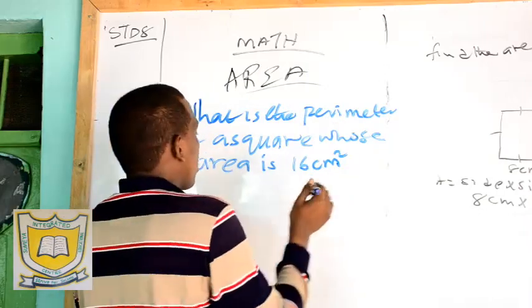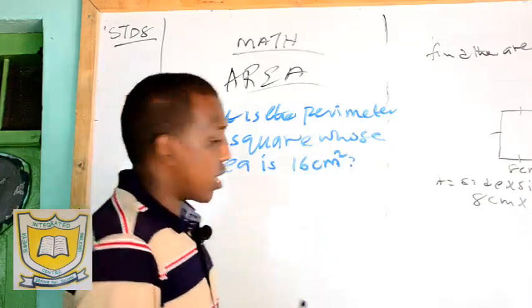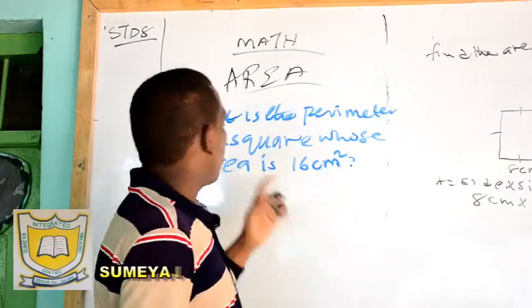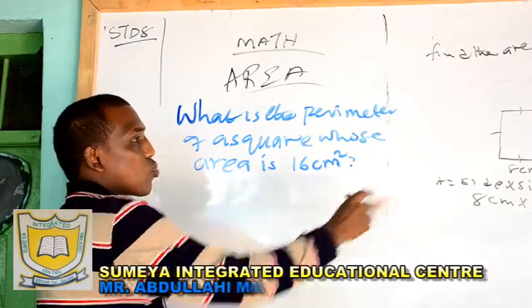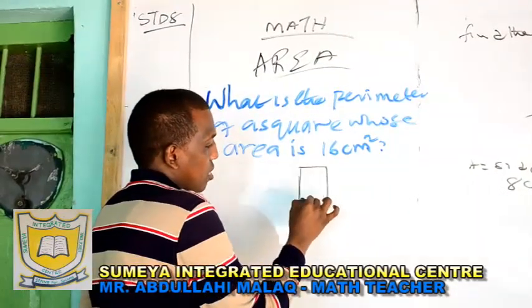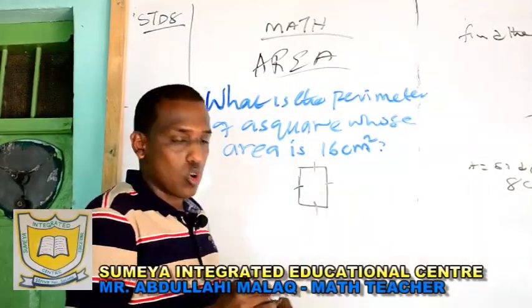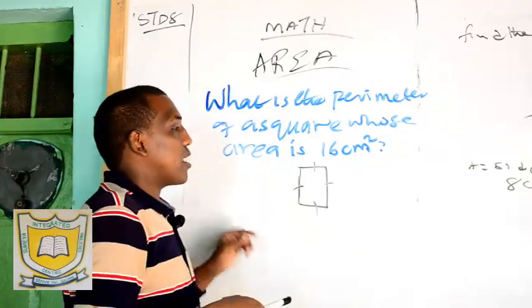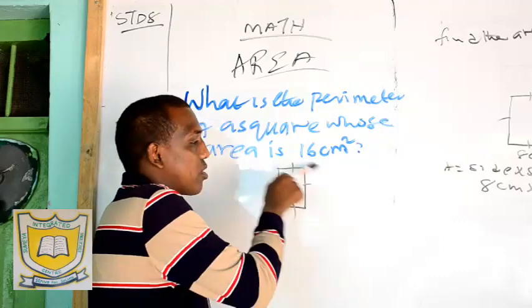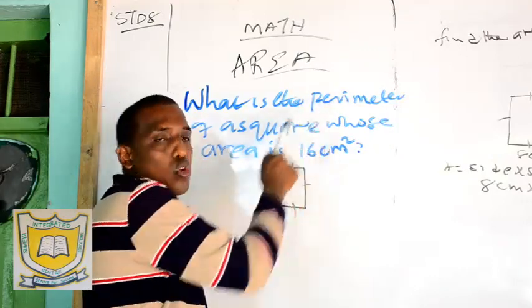Remember, in a square all sides are equal. Then you are told what is the perimeter. Perimeter, remember, we said is the distance all the way around the figure, going around the figure. That's what is called perimeter.